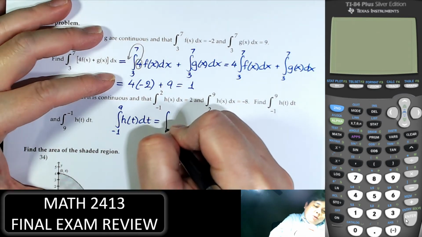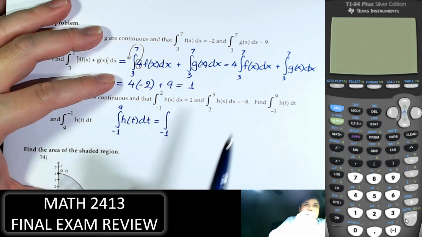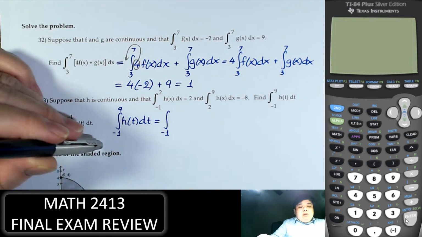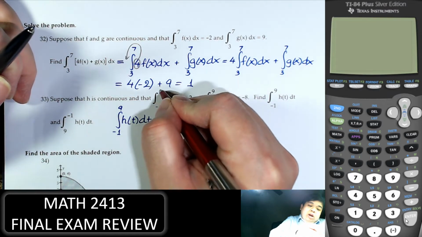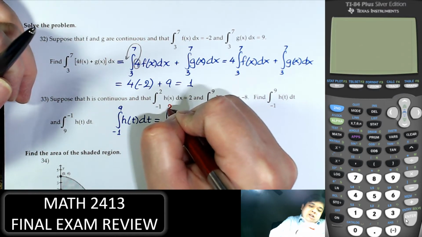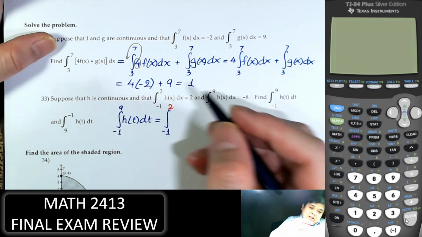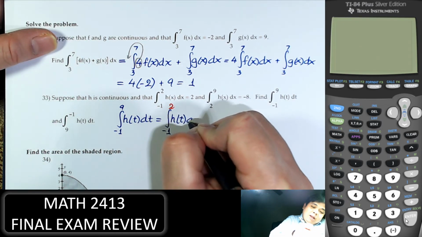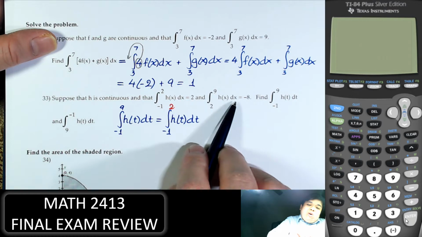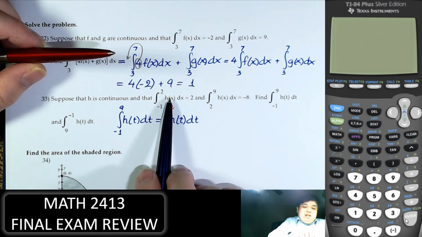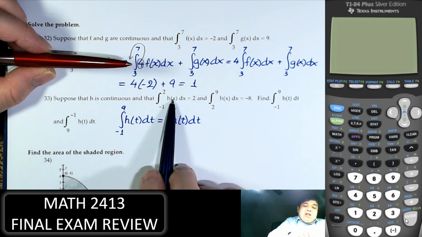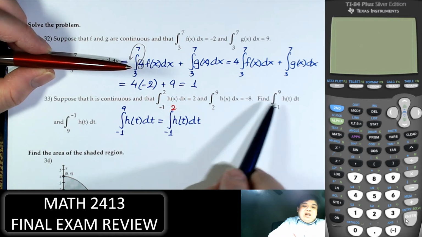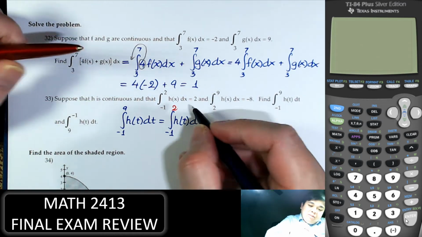Remember, the integral, we always go from the bottom to the top. From negative 1, let's say we have the 2, so let's try that. By the way, x or t, it doesn't matter, as long as it's consistent, x and x, t and t, same thing.